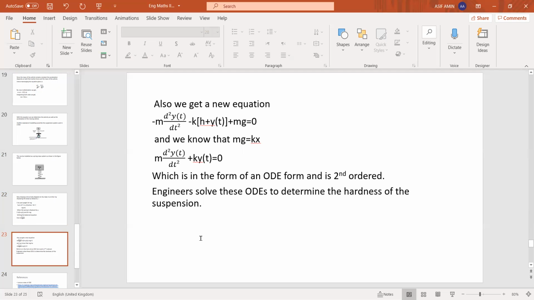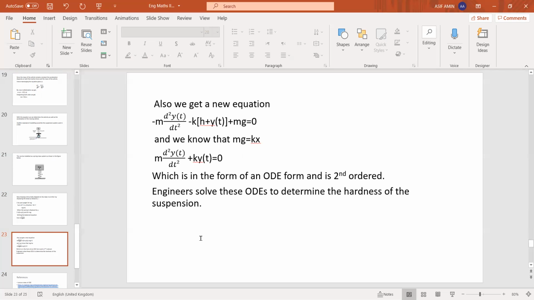And the new equation we get by adding the sum of forces is minus m times d squared y(t) over dt squared minus k times (h plus y(t)) plus mg is equal to 0, since the sum of upward forces is equal to the sum of the downward forces. And from the above equation, we have seen that mg was equal to kx.